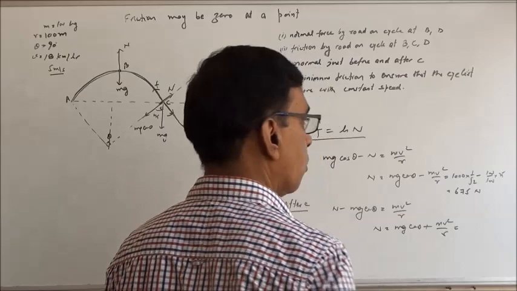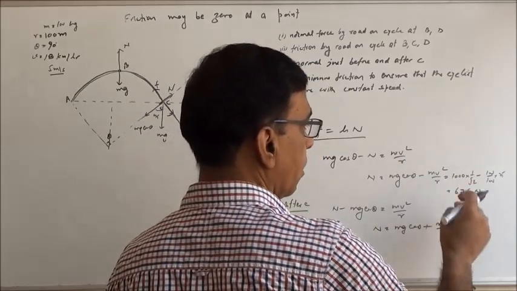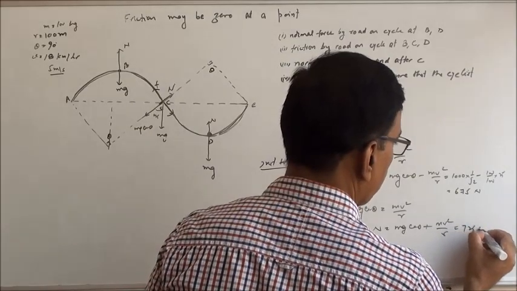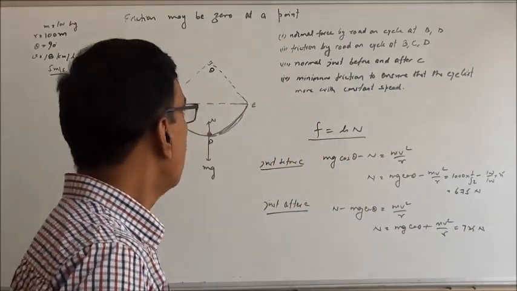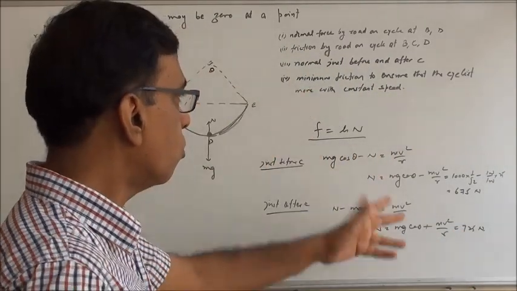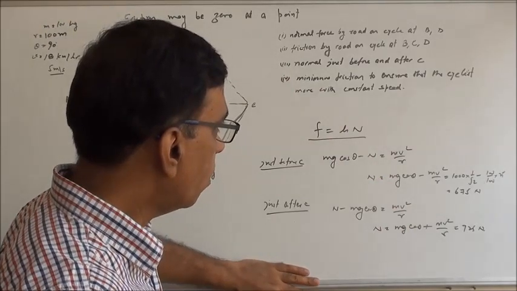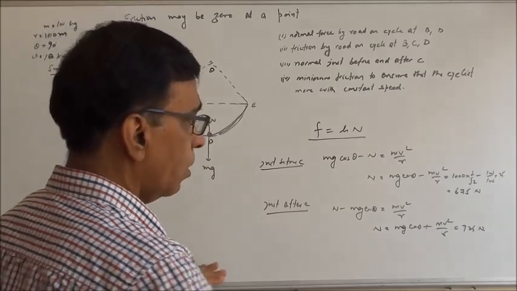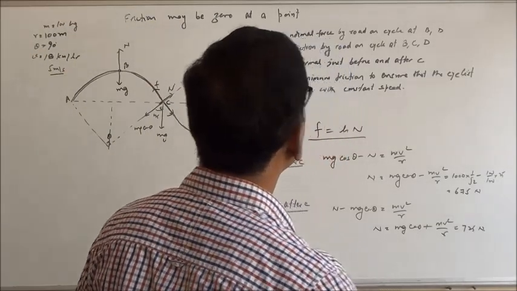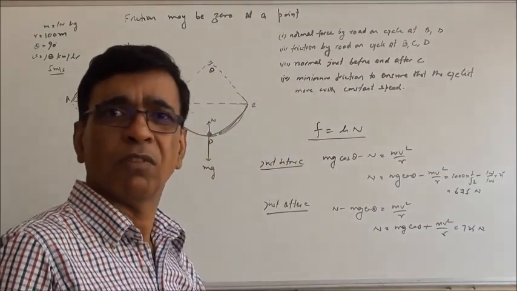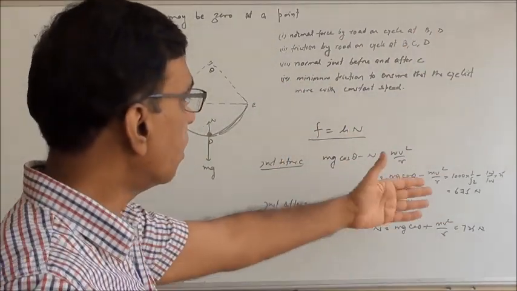And the other will be the addition of all this, so 700 plus 25, it is 725 Newton. And at these points we have found this is more than this, because for this point the normal force was around 1025 or 975, which we calculated, and that is more.